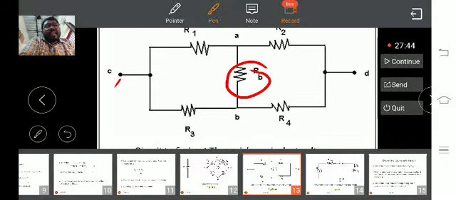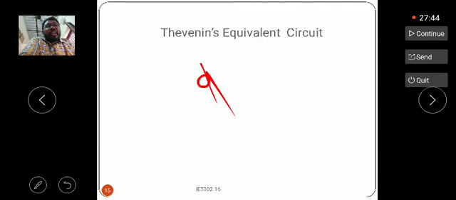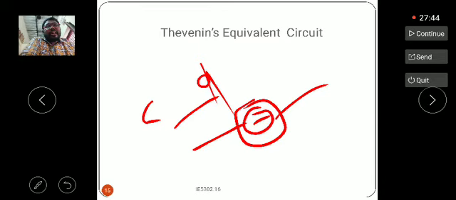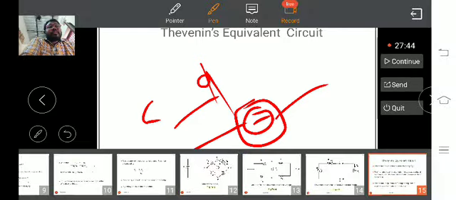Between C and D we have connected the galvanometer, and in the galvanometer you have to calculate the voltage. Here we open circuit the galvanometer and find the open circuit voltage across it. Then the galvanometer voltage is the Thevenin's voltage.